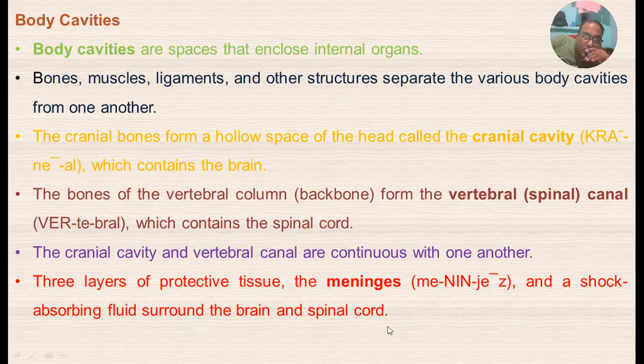So the fluid inside these cavities keeps the soft organs floating inside the cavities. So protective tissues like meninges and absorbing fluid like cerebrospinal fluid protect the brain and the spinal cord.